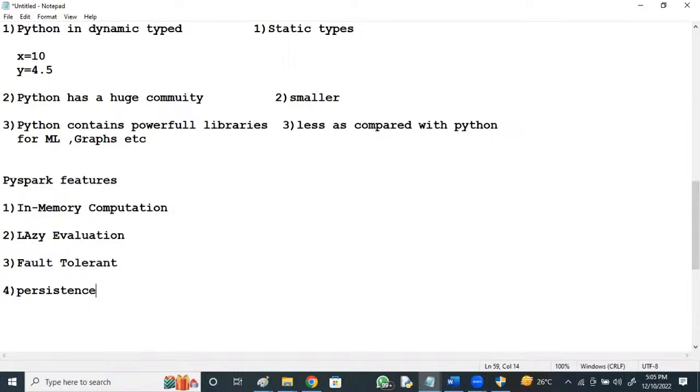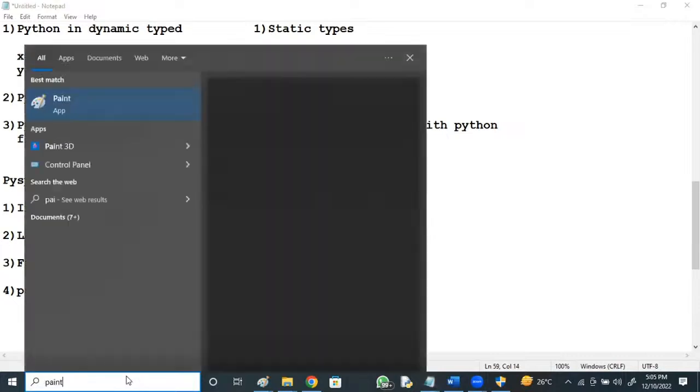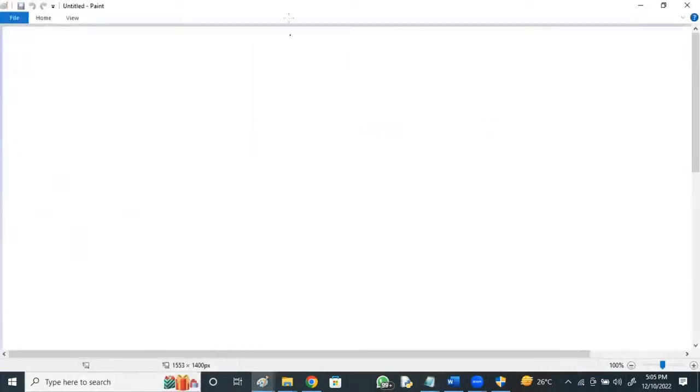Coming to the persistence feature, whenever you perform any transformations, a particular transformation may be used by multiple flows. See, Spark is a data flow language.